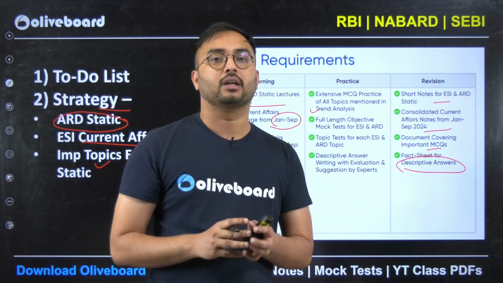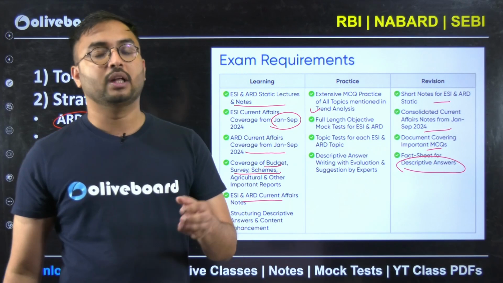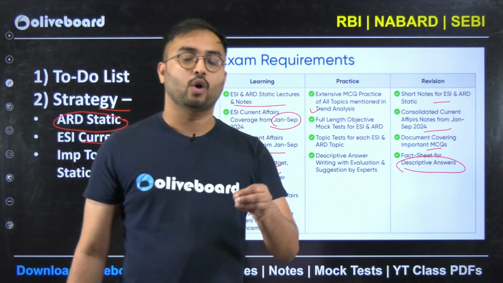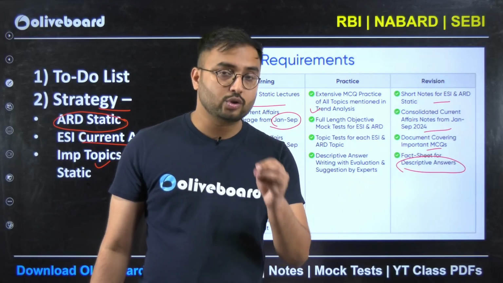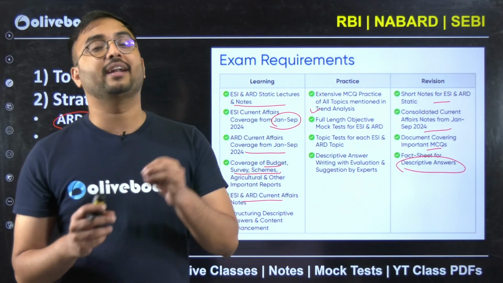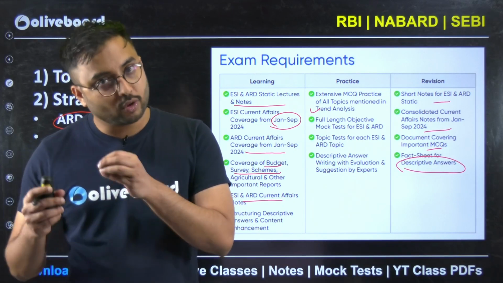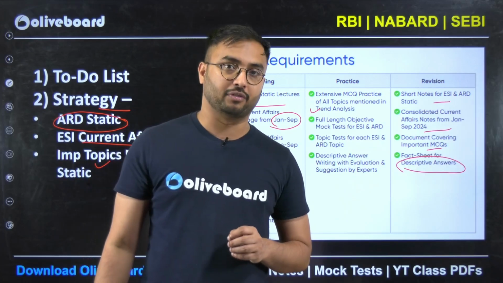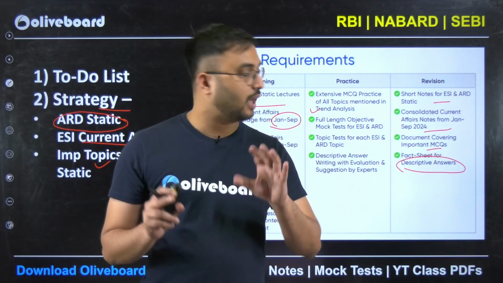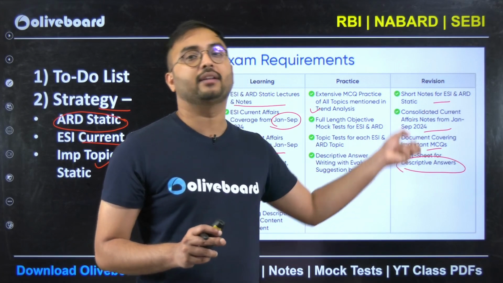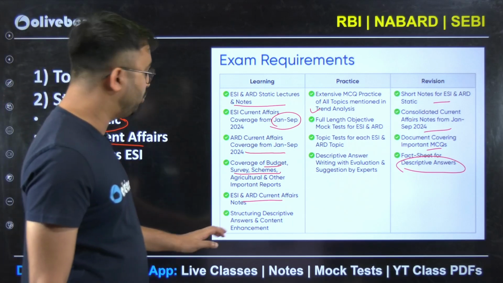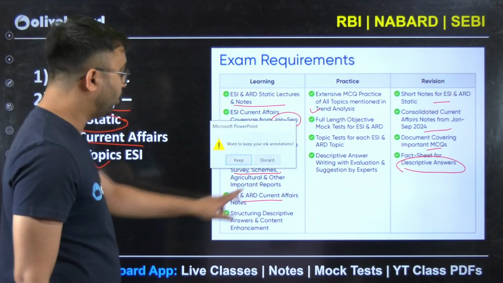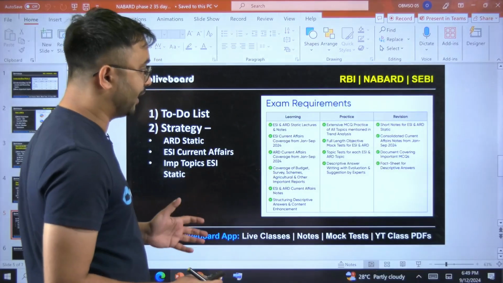Then you should definitely be knowing how much government is spending on agriculture and your livestock sector. You should also be knowing how much rural credit is provided through PACs for the year of 2024 and 2025. So these are some of the data you have to write which you can use for value addition in your answer. So this is the overall strategy which one can use to improvise overall preparation.